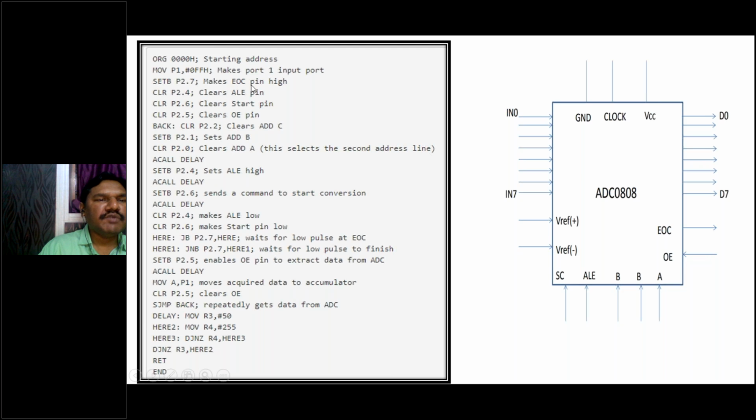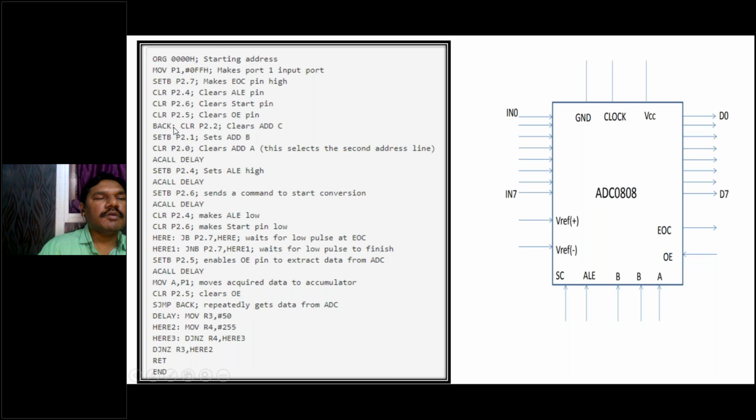Because SETB means EOC bar, ALE bar, start bar, and OE bar, all these will be cleared here, and here they will be set. ALE bar means 1 bar means 0, bar means 1, means active. So these three will be active. After performing the operation, EOC will be active.